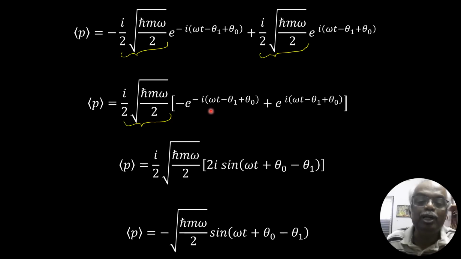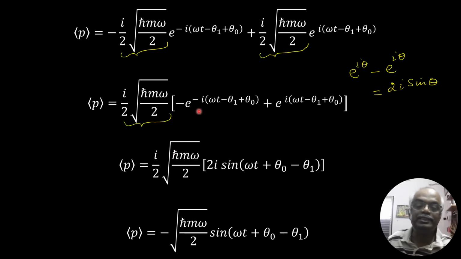The argument in both the exponential terms is the same, except here it is negative, here it is positive. So that is e power i theta minus e power minus i theta, because here you have minus, which by definition is equal to 2i sin theta. You know this relation.